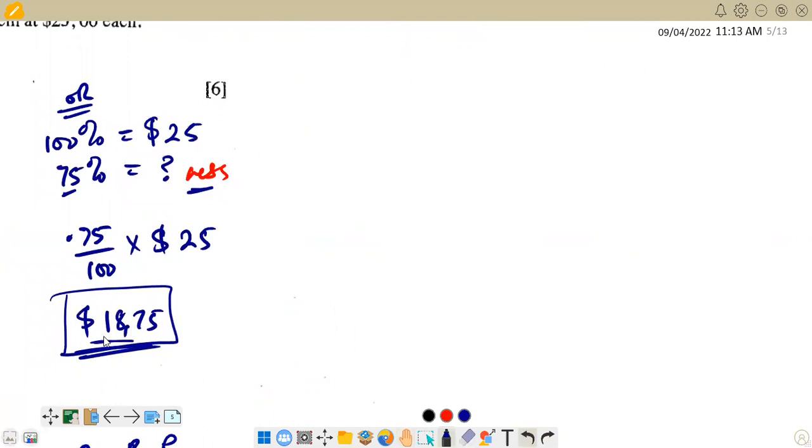This is for one shirt. Okay, so we are saying our buying price for the shirt in this case is $18.75. This is for one shirt. Okay, then the selling price for that same shirt. So this is our buying price.